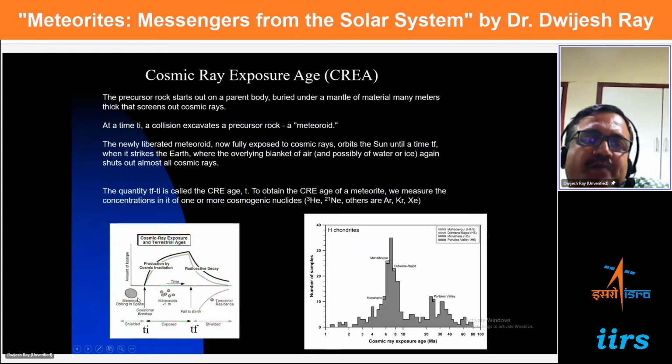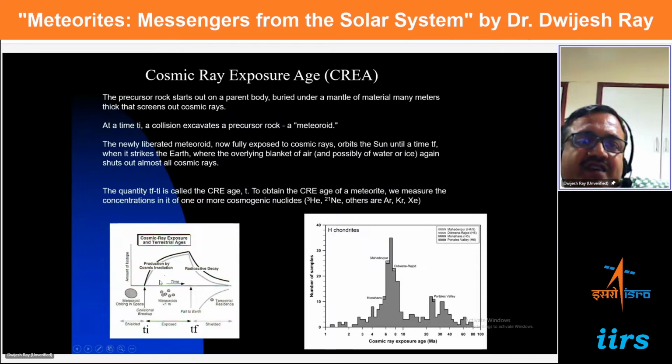So what happens when the meteoroid roams around in space? There is a production of cosmogenic nuclides by cosmic rays, but the production stops when they enter the Earth's atmosphere. So we have to measure the cosmogenic radionuclides here.